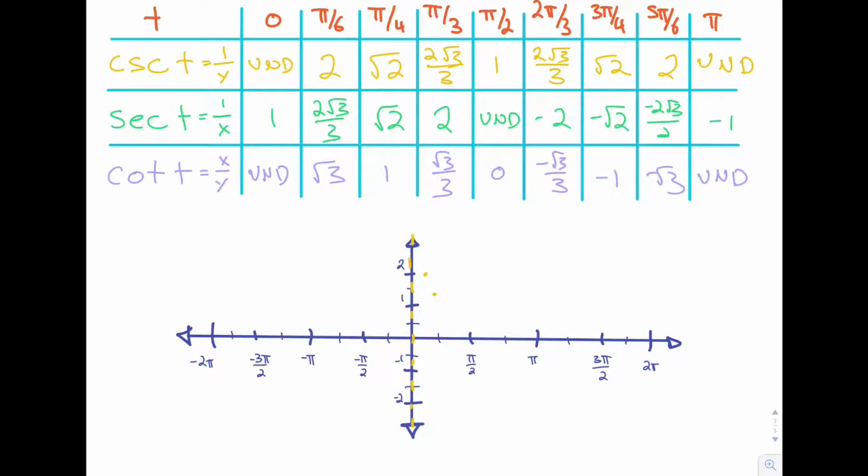Pi over 3, 2 root 3 over 3, that'll keep bringing us down flatter and flatter, and then pi over 2, we hit 1. Then we go in the opposite direction. So we have this coordinate, and as we approach pi, we again go undefined. So I've got to draw another asymptote there. And this is what cosecant looks like.